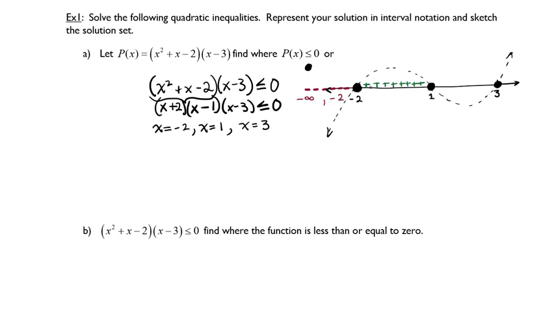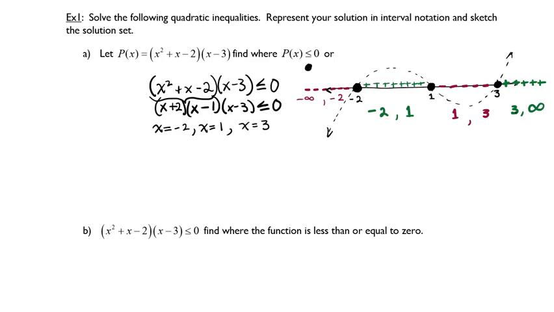It's above the x-axis from negative 2 to 1, and it is below the x-axis, or negative, from 1 to 3. And again, it is positive, or above the x-axis, to the right of 3, so from 3 to infinity.